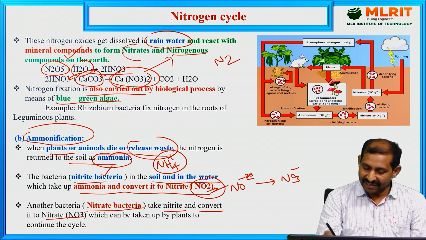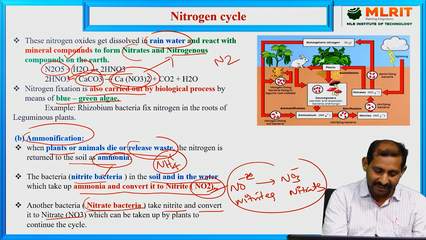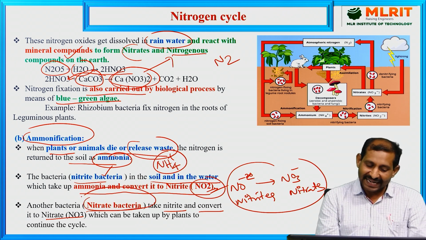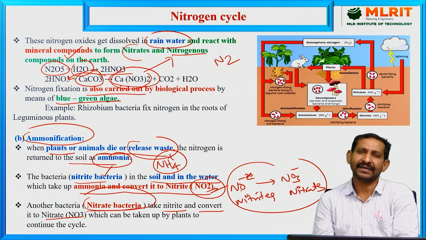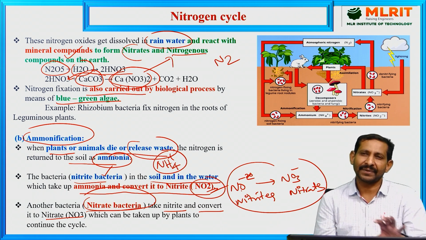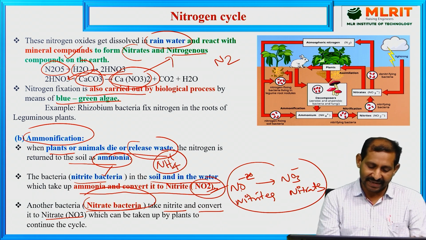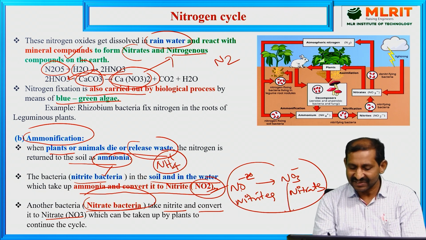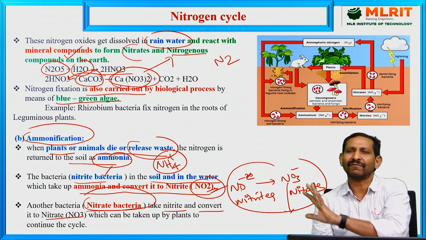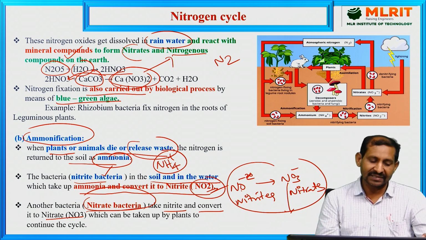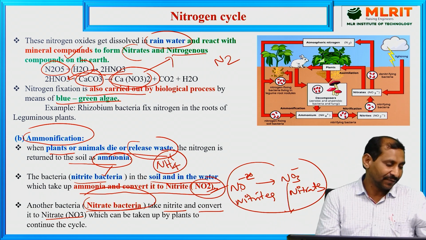These are the nitrites, and these are the nitrates. This reaction happens with the nitrate bacteria. These nitrates are easily soluble in atmospheric humidity and rainwater and are converted to nitrogen products. This whole process is called ammonification.